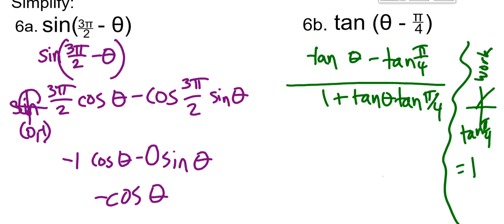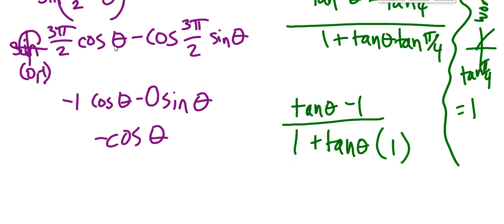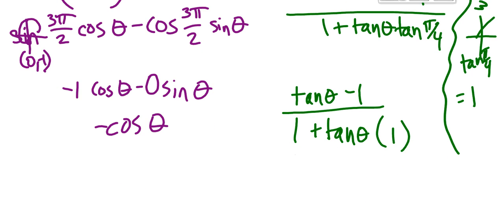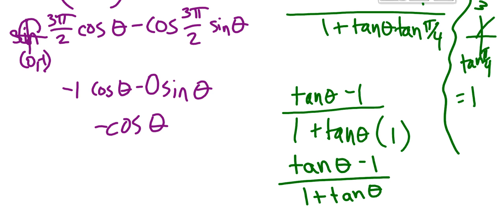And so then we get tangent theta minus 1, over 1 plus tangent theta times 1, and then that just gives us tangent theta minus 1 over 1 plus tangent theta. And we can leave it that way. I know in some of the other sections we've done all this fancy stuff, like multiply by the conjugate, change it into something else, but here we'll just leave that as is. And so that concludes part 3 of 5.4.